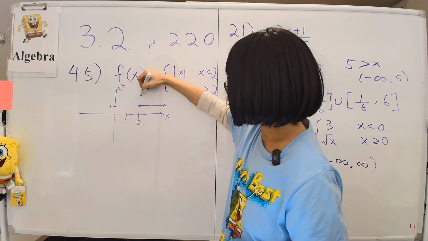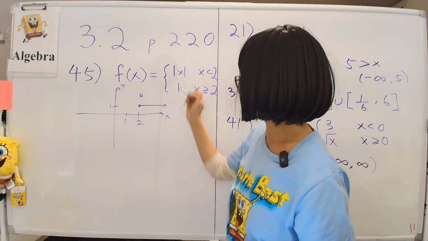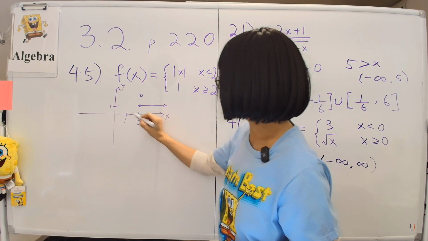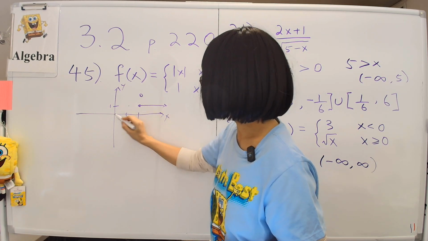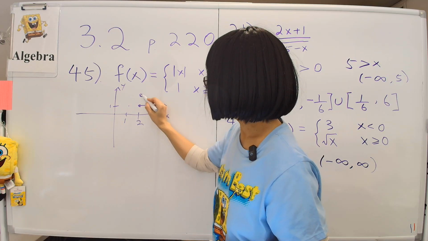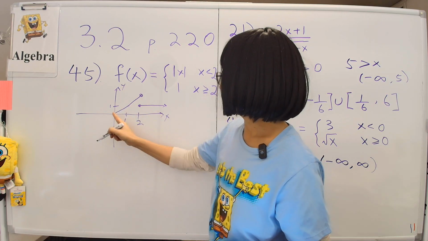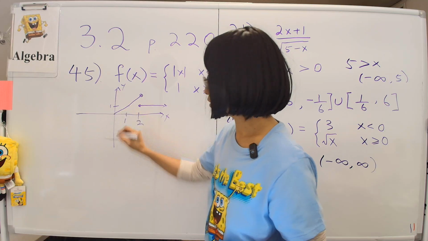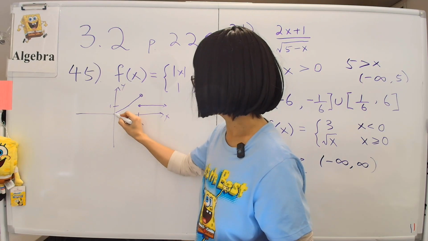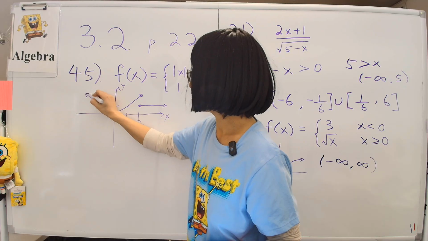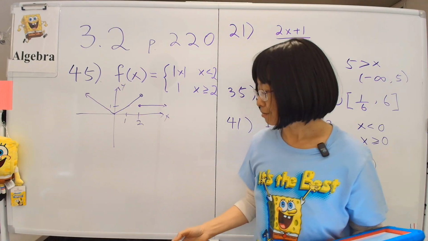So the value starts here, but there's a circle because it doesn't include 2. At 1, it is equal to 1, right here, and at 0 it is 0. So it follows the absolute value graph. When x is negative, if you look at the absolute value graph, it bounces back right here in the same way and goes on forever like this. So that is our graph.